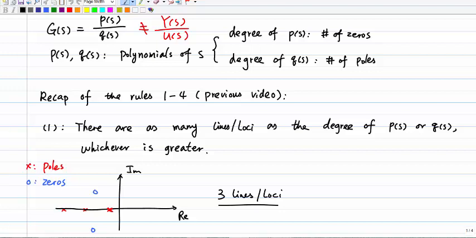So if I have 3 poles and 3 zeros, I should have 3 lines. If I have 3 poles and 2 zeros, I also have 3 lines. If I have 2 poles and 3 zeros, I also have 3 lines. That's the first rule.